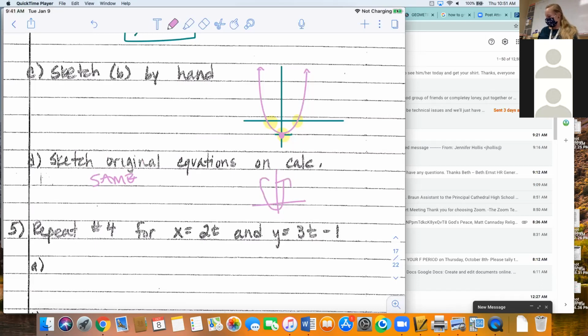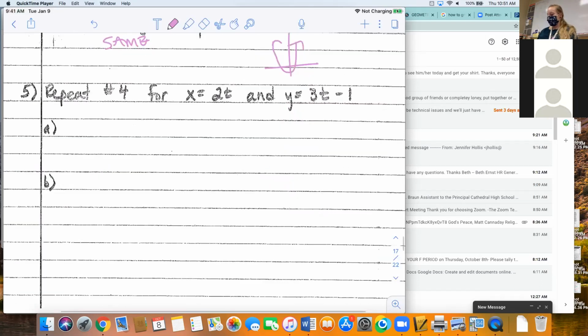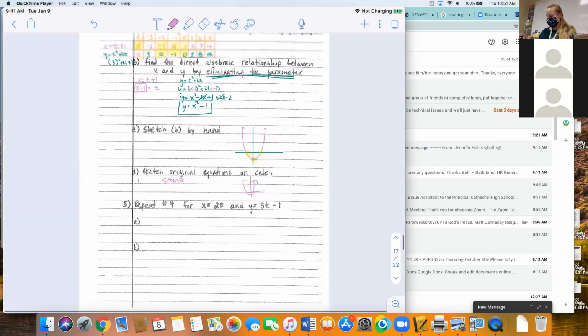All right, so let's do the next one. We start by doing letter A, finding the points.